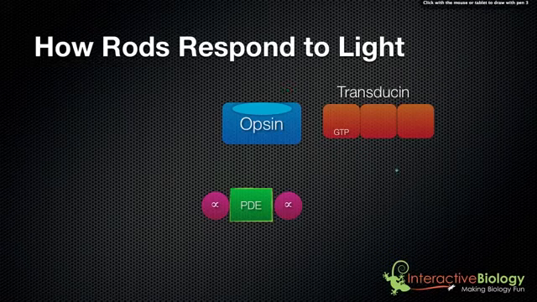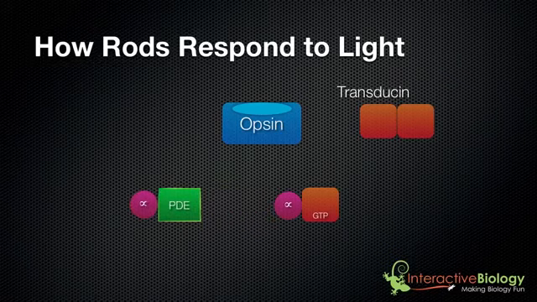And you can see here now, we no longer have GDP, we have GTP. So it basically adds a phosphate group on. Instead of GDP, diphosphate, it now becomes triphosphate. Once that happens, that subunit is activated, and that subunit actually leaves the other two subunits behind and goes over to the alpha subunit of the phosphodiesterase, and then it removes that alpha subunit.